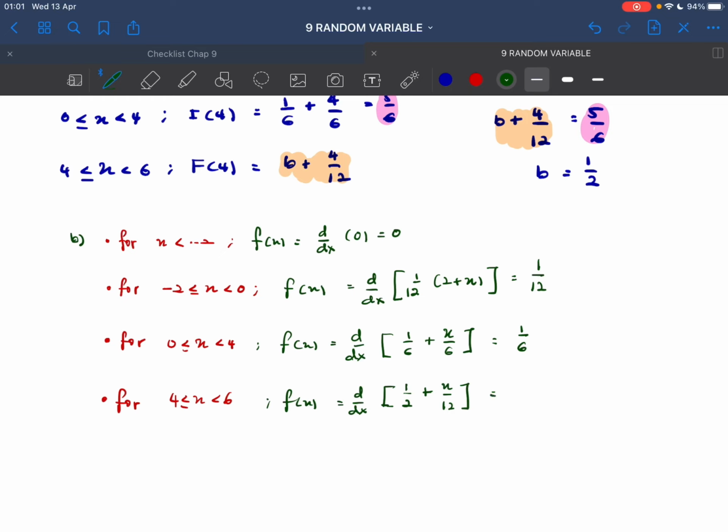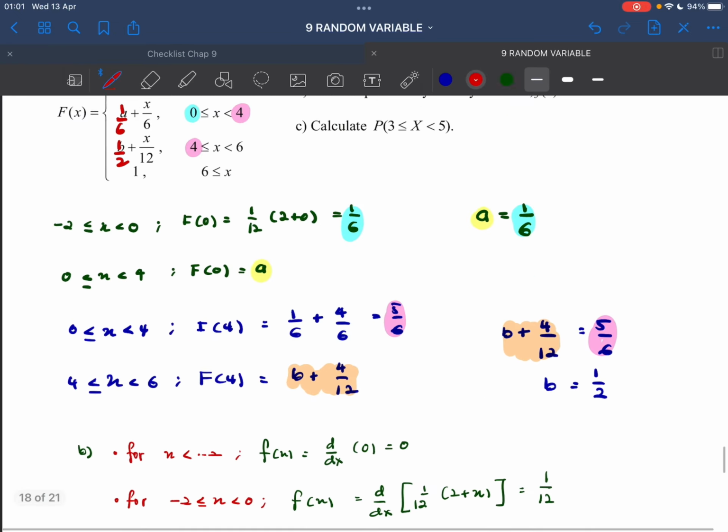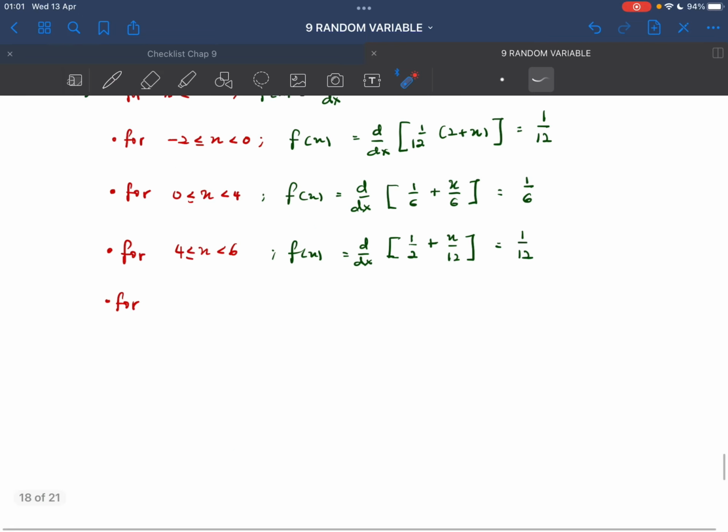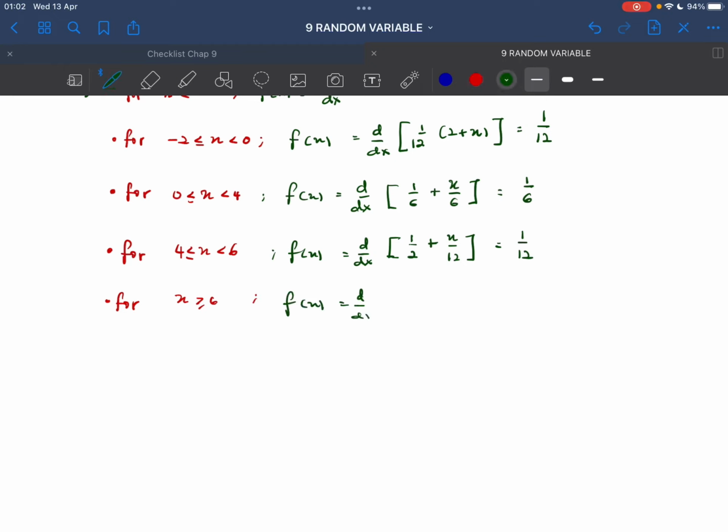Differentiate 1 over 2, a constant, 0. Differentiate x over 12, we have 1 over 12. And the last range, for x greater than or equal to 6, the function is 1. Differentiate 1, obviously we get 0.